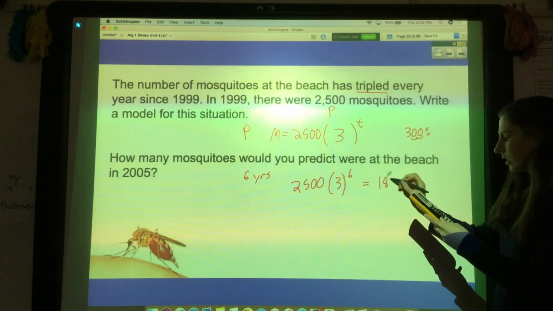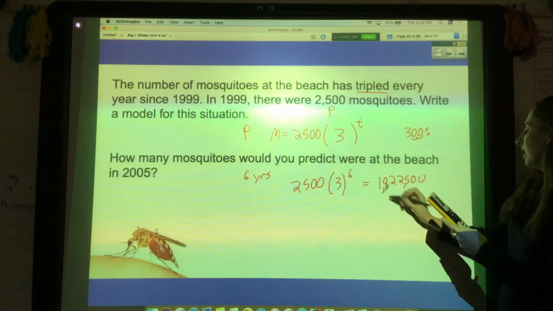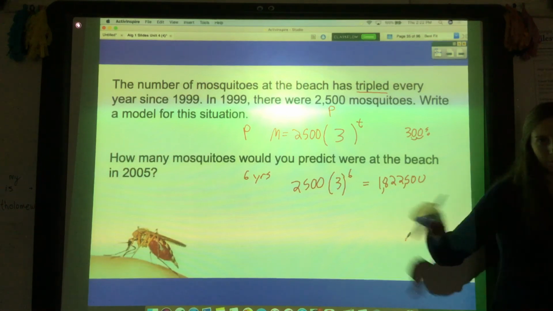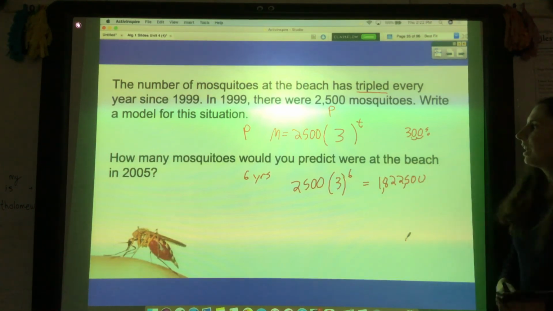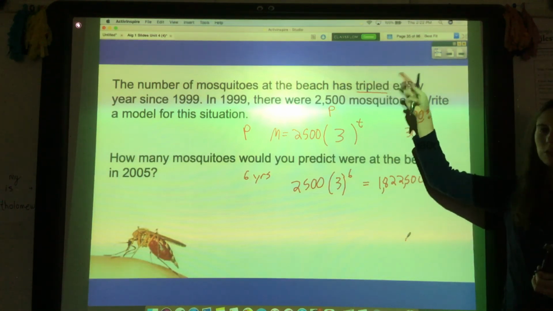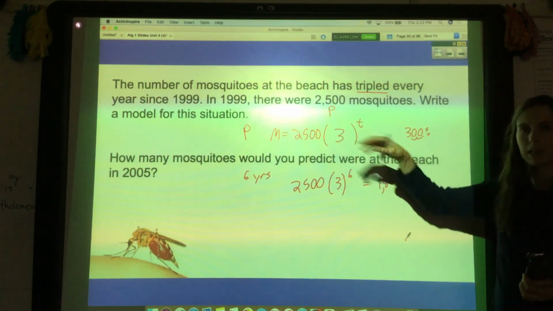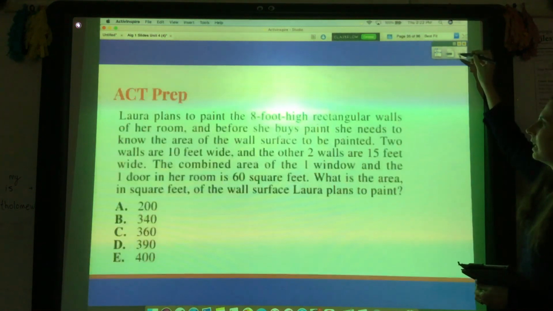It's 1,822,500. Hopefully that doesn't keep going up like that. Okay, so just be careful anytime it says doubled or tripled or quadrupled. You just fill that number into the parentheses here as your base rather than doing 1 plus the rate or 1 minus the rate. And I think that's it.